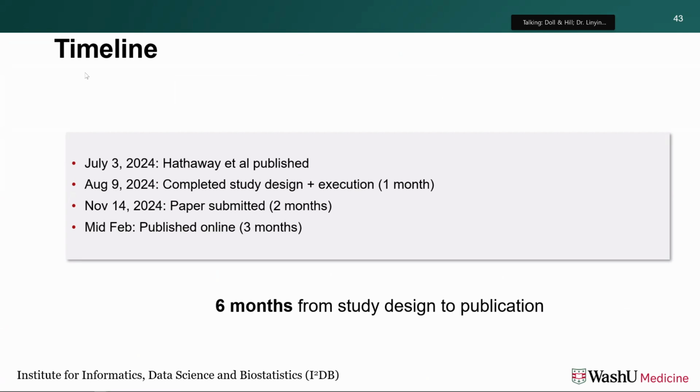So one final message about real-world evidence generation is that there's huge potential in observational databases. It is possible to generate evidence at scale reliably in a relatively short time frame.